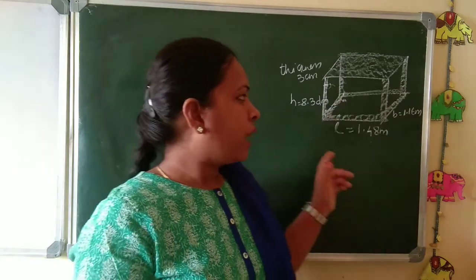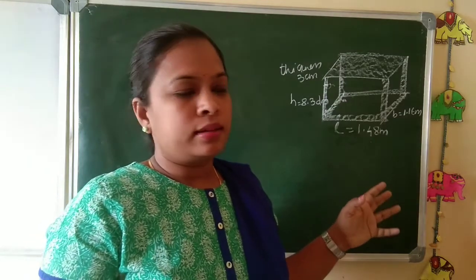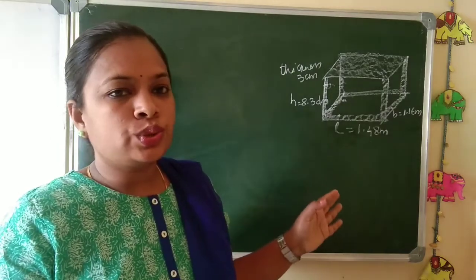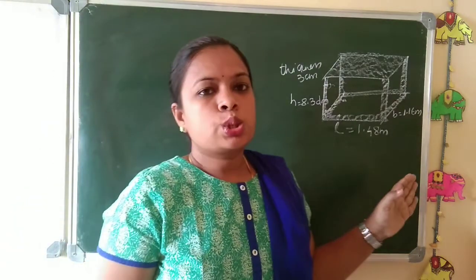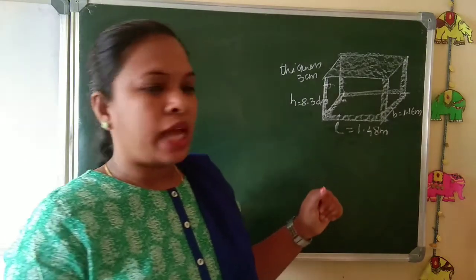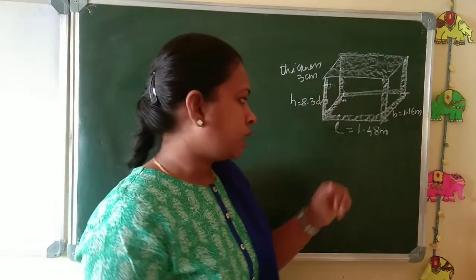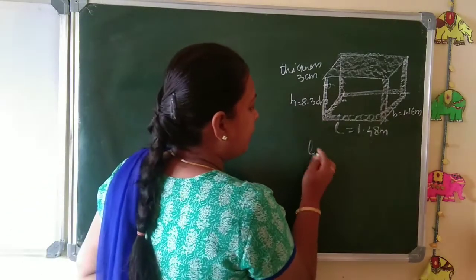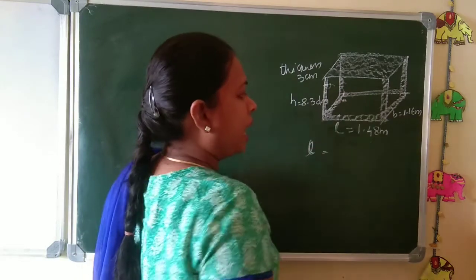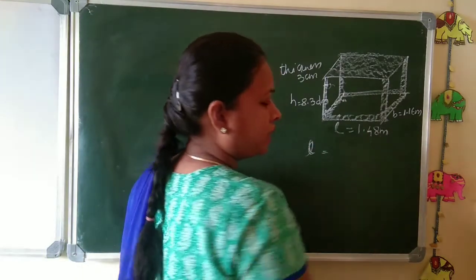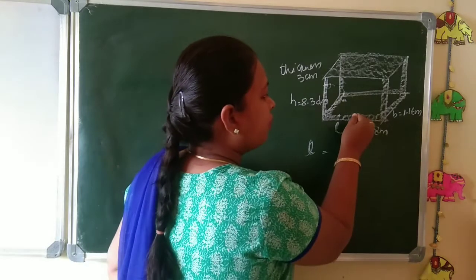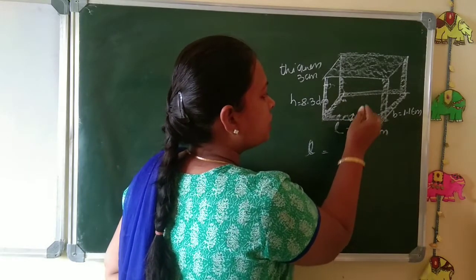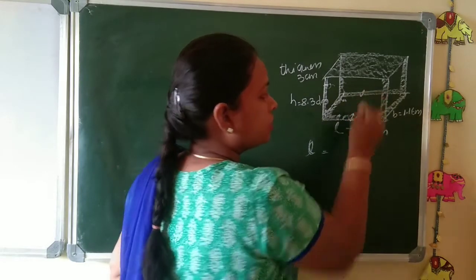Now you have to find out the inner surface area, as you need to actually paint it. First write down the dimension of the inner curved surface area. When it comes to length, here you have 1.48 meter. In this 1.48 meter, you have 3 centimeter thickness here and 3 centimeter thickness here.